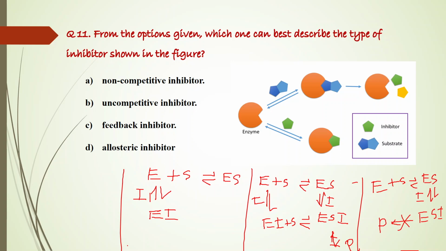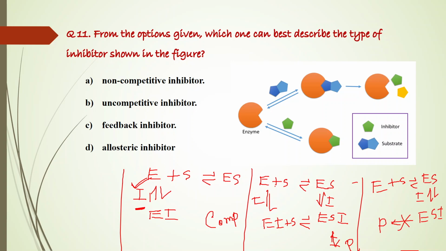In the case of the competitive one, the major difference is that the inhibitor only reacts with the enzyme. It does not form any kind of ternary complex like ESI. It only reacts with the enzyme.